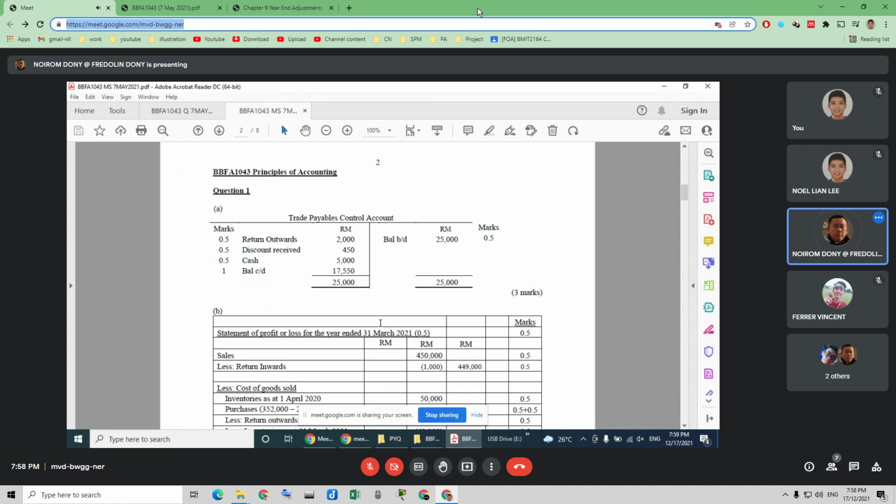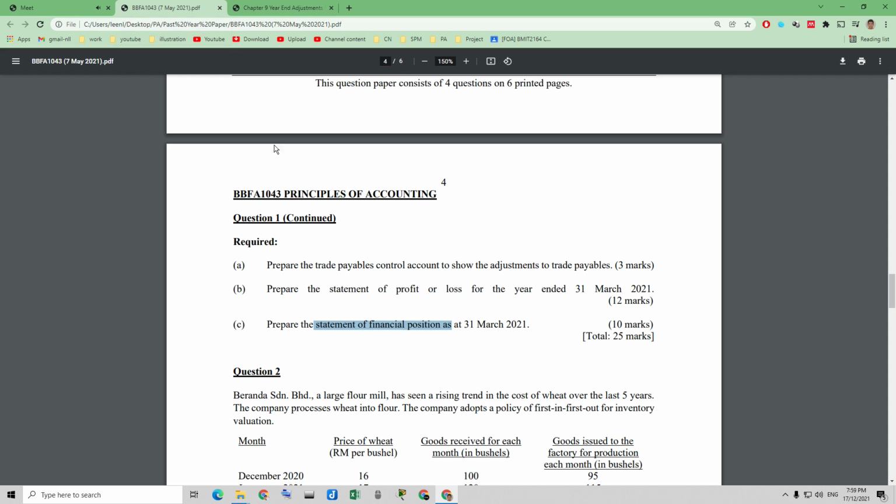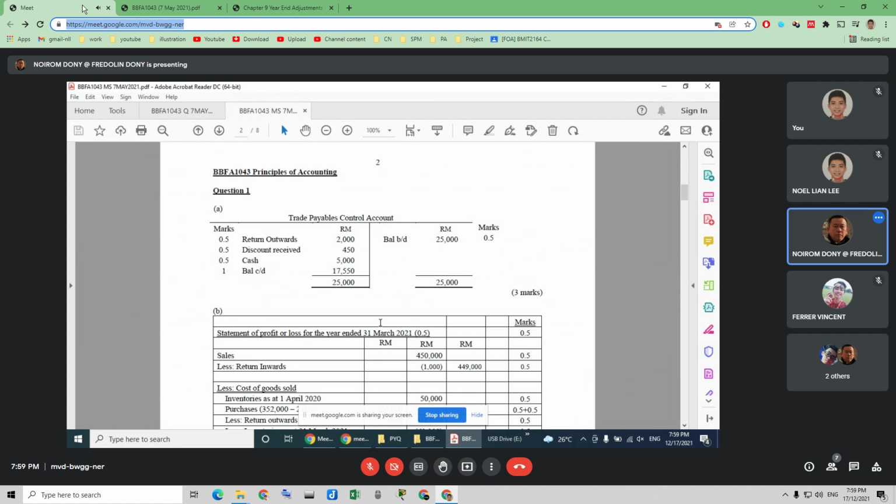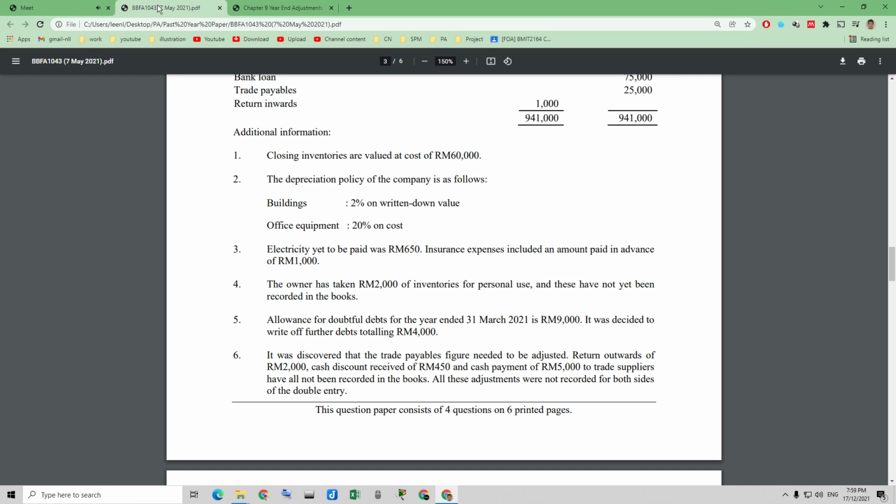Now, if we look at additional information, look at number 6. It says it was discovered that the trade payable figures needed to be adjusted. Meaning, if you look at the trial balance, you need to look for the trade payable, which is 25,000.